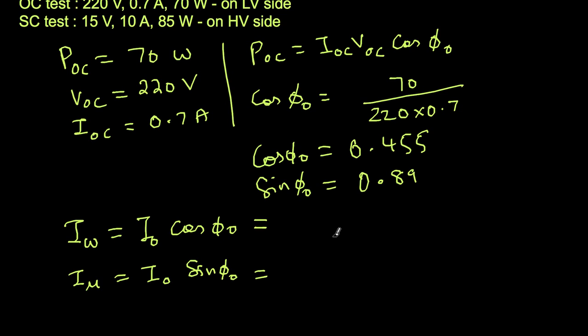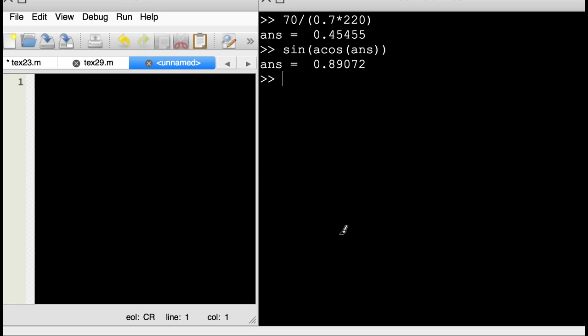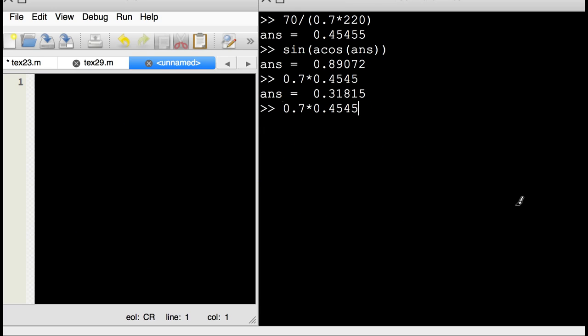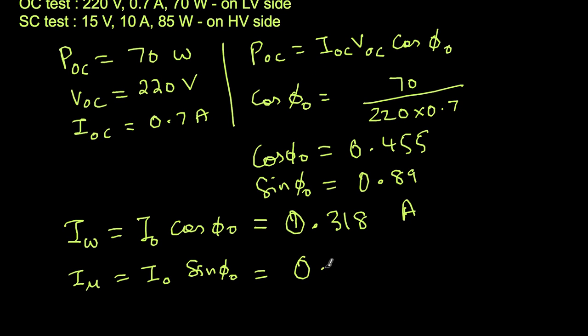Let's do that. 0.7 multiplied by 0.4545 gives 0.318 amperes. The next one, 0.7 multiplied by 0.89, gives 0.623 amperes.